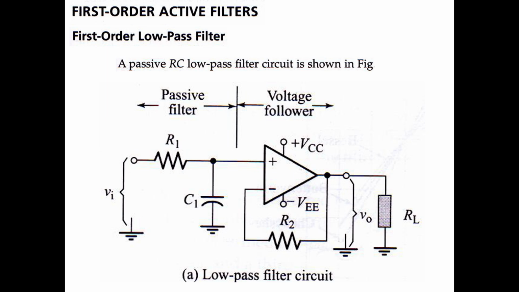First order active filters, first order low pass filter. A passive low pass filter circuit is shown in the figure. R1C1 forms a low pass filter circuit, that is the passive filter.